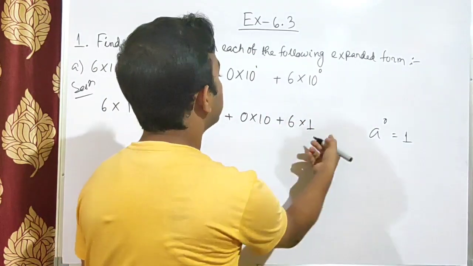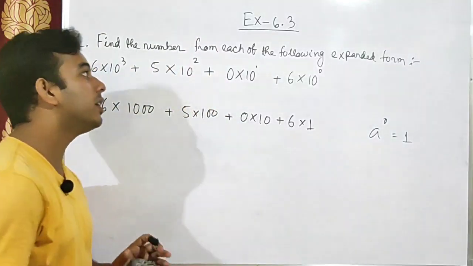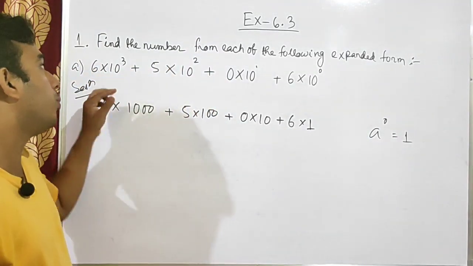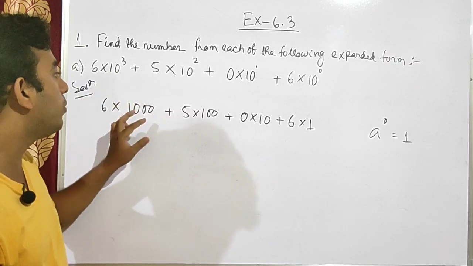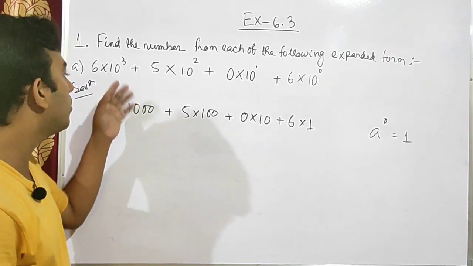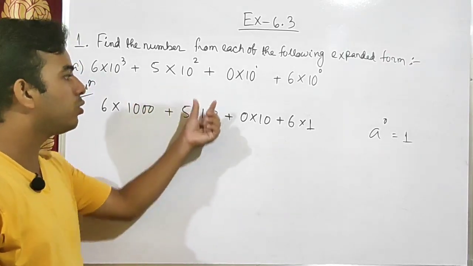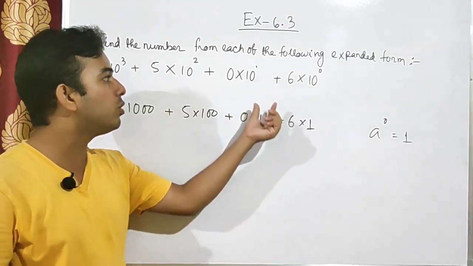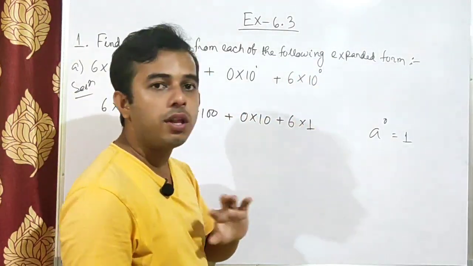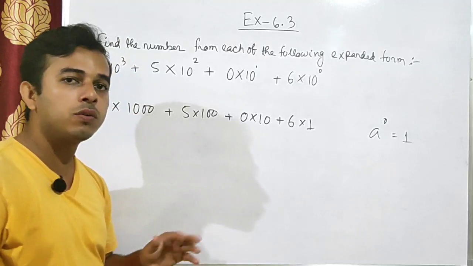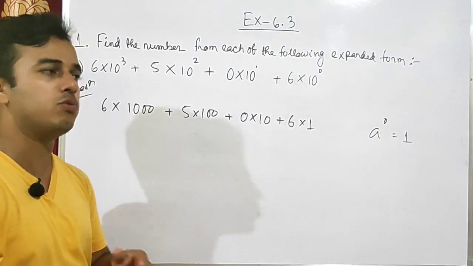What have I done in this line? I have done nothing, just put the exponential form into the usual, general form. 10 to the power 3 means 1000. 10 to the power 2 means 100. 10 to the power 0 means 1. Clear? From exponential form to the general form or usual form.